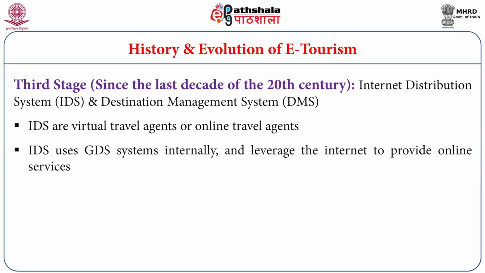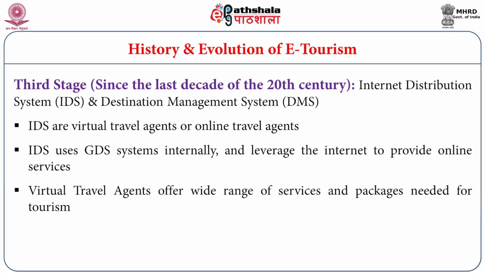IDS uses global distribution systems internally and leverage the internet to provide online services. That's the major difference. Virtual tour and travel agents offer a wide range of services and packages needed for tourism. So, as you can see, the major difference between the second and third stage is the internet.